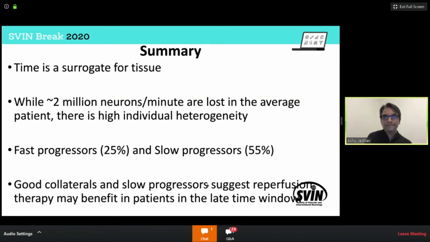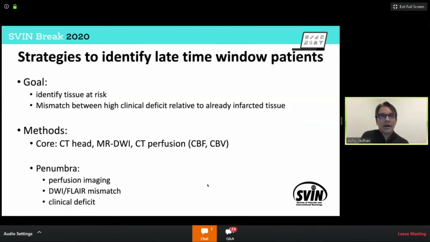So really, when you think about who can we treat beyond these conventional time windows, whether it's for TPA or thrombectomy, the goal really is to identify tissue at risk by some strategy, and then to understand, is there a mismatch between how much tissue has been injured versus the clinical deficit. So this is really a perfusion-based paradigm or a clinical core-based paradigm.